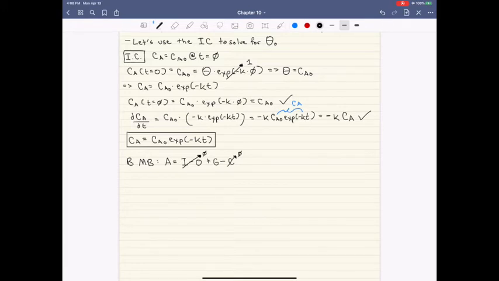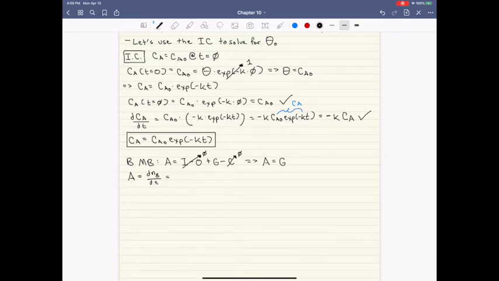Okay? Now, for our generation term, just to write it out, that tells us that our accumulation is equal to just the generation term. So, let's write out what each of these terms are. For accumulation, what we're going to be looking at is the change in moles of B per time.